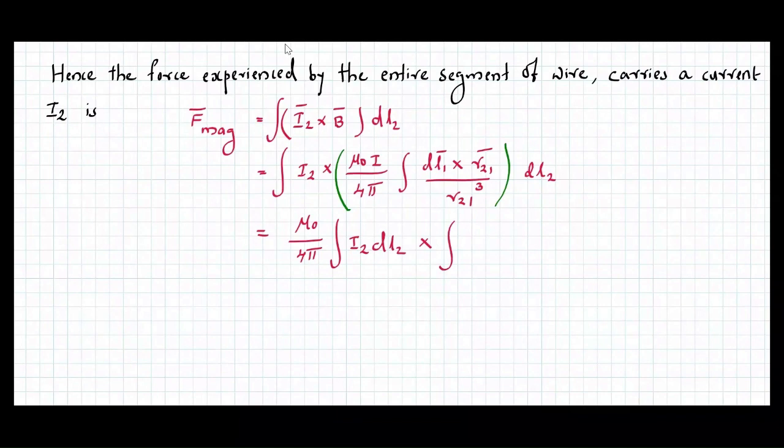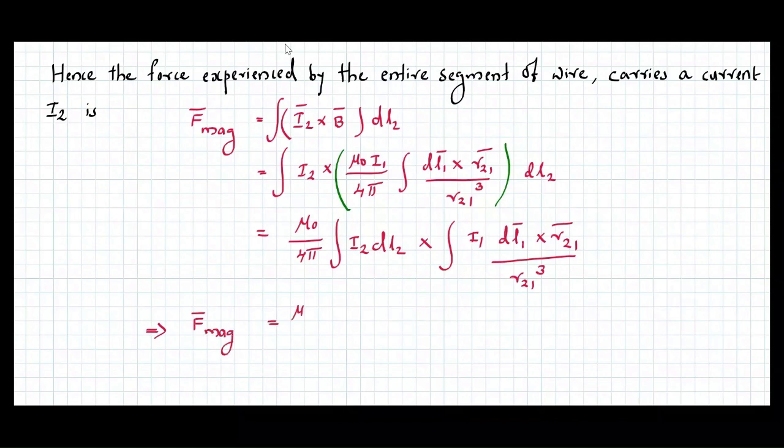Now the remaining term can be represented as integral I2 dl2 cross integral I1 dl1 cross r21 by r21 cube. Some vector signs are missing, so let us put the vector signs.